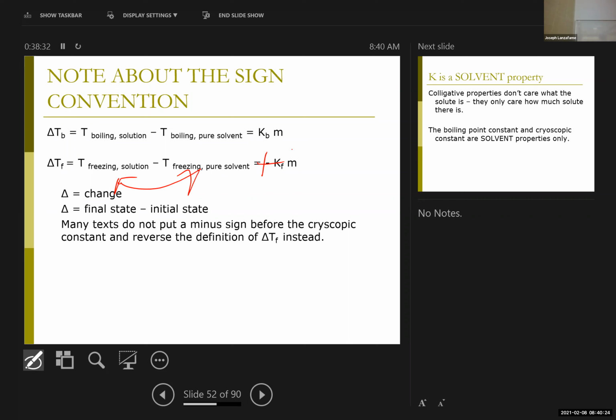But to my thinking, that's silly, because that makes the delta T of the freezing point the only time in any science where you have initial state minus final state instead of the other way around. And there's no reason not to put the negative sign on the other side. I don't know why. Historically, they hate it. But please note that many, many sources will not put that negative sign there.